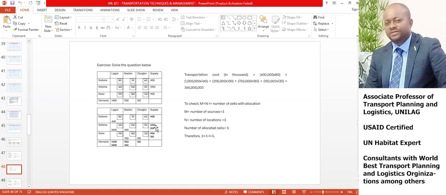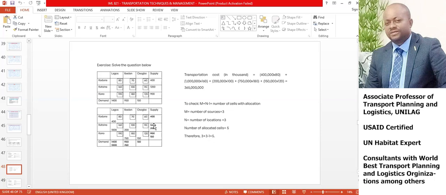Kaduna can't give them everything, so we give you 200, and as you are giving them, you subtract from their demand. So we minus from what was there before. What is there? 950. That was how we got 750 after we gave 200. We now have 750. We have exhausted all the supply now.